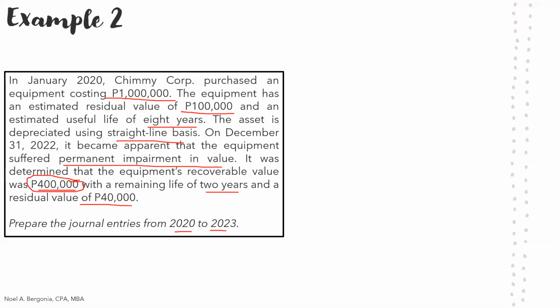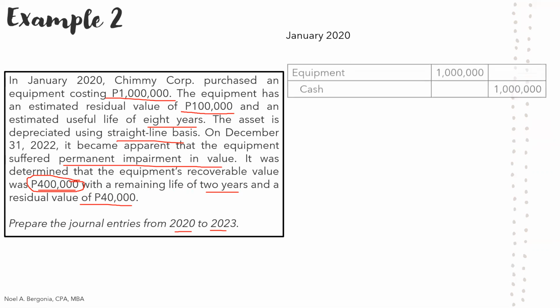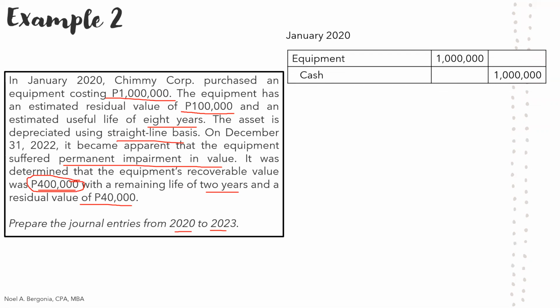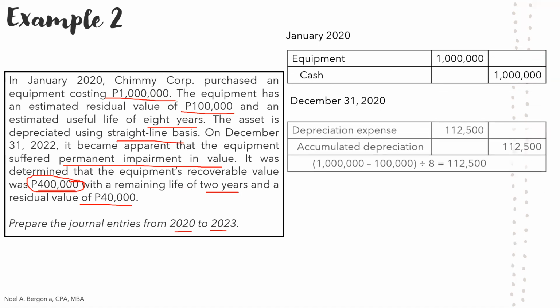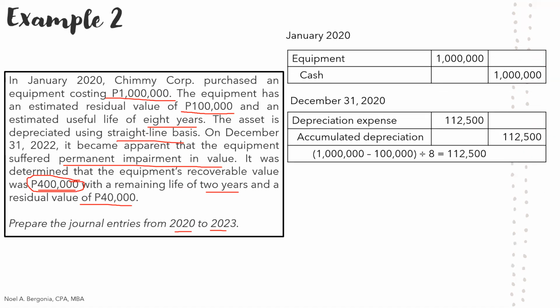Okay? So first, in January 1, 2020, you just simply record the purchase of the equipment. So we debit equipment and credit cash. Okay, so that's on January 2020. Now, on December 31, 2020, a year after, we need to record the depreciation. So we debit depreciation expense, 112,500, and credit accumulated depreciation, 112,500.